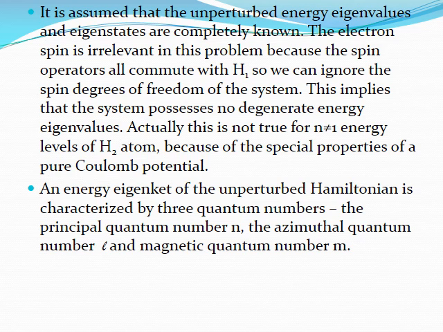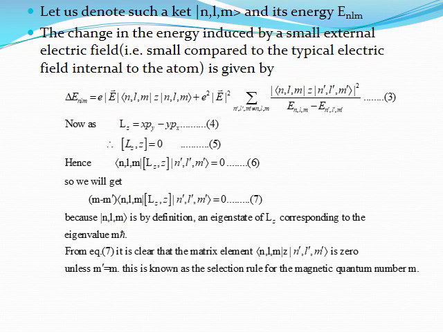An energy eigenket of the unperturbed Hamiltonian is characterized by three quantum numbers: the principal quantum number n, the azimuthal quantum number l, and the magnetic quantum number m. Let us denote such a ket as |nlm⟩ and its energy as Enlm.